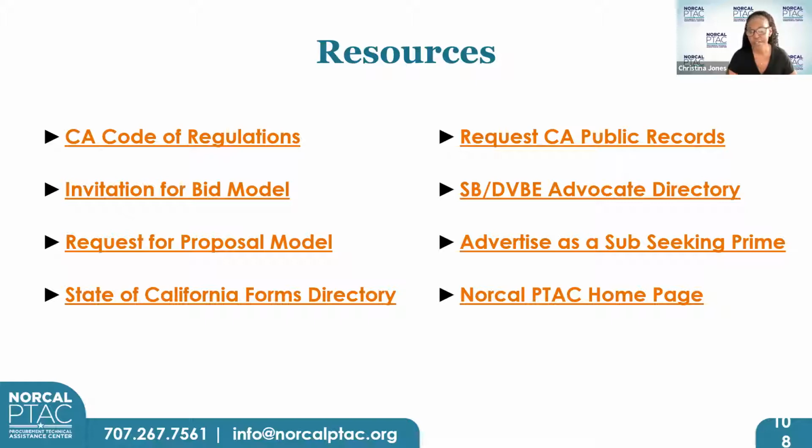I just talked a lot about the small business DVBE advocates. So this is the link to the directory, and those highlighted in yellow have the small business first policy, meaning if the opportunity is between $5,001 and $249,999.99, and there are two qualified small businesses, or two DVBEs, that offer this, then under that small business first policy adopted by their office, they're required to go out to those two first.